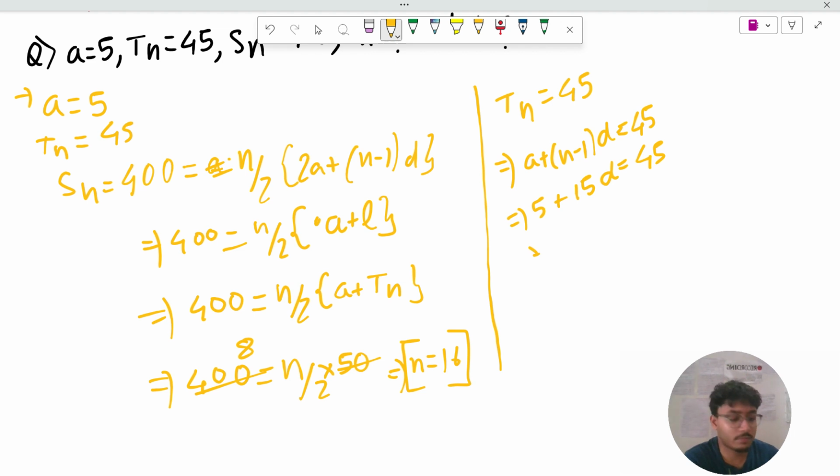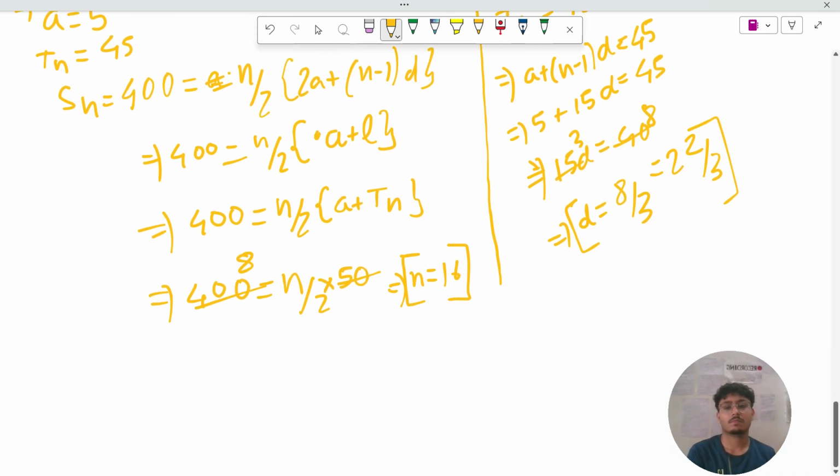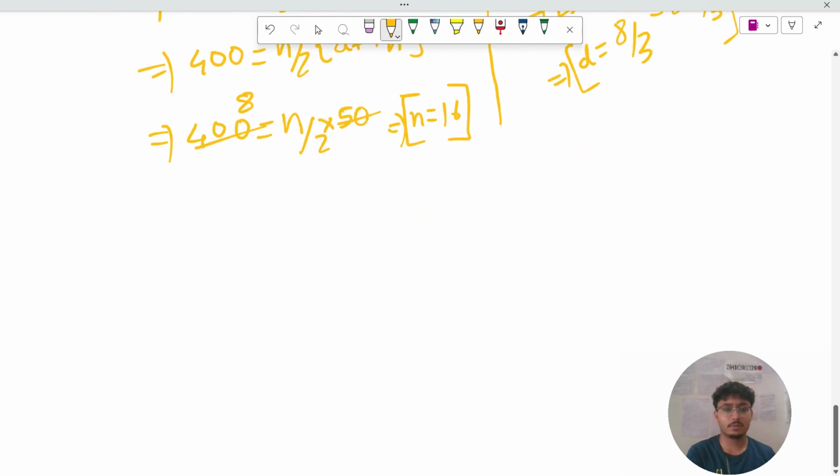Ultimately, my 15d comes out to be 40. Cutting with 5, d comes out to be 8 by 3. I hope we are clear with it.